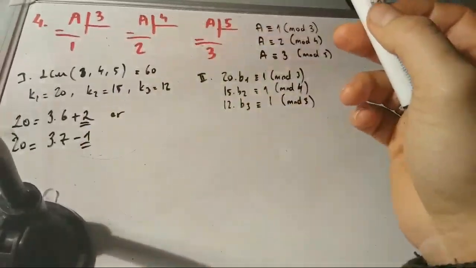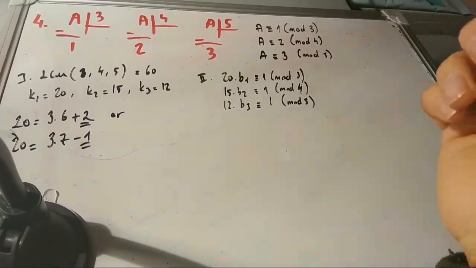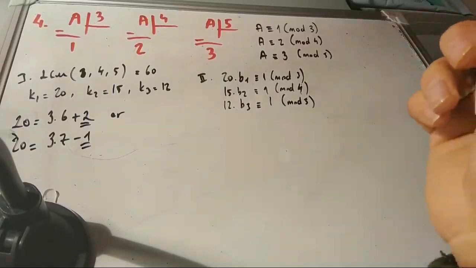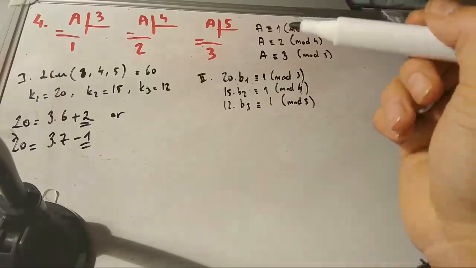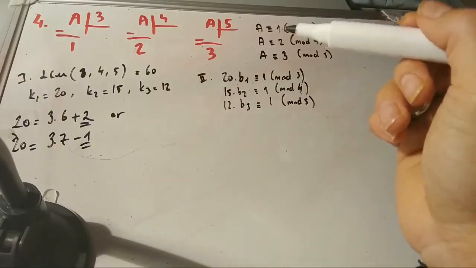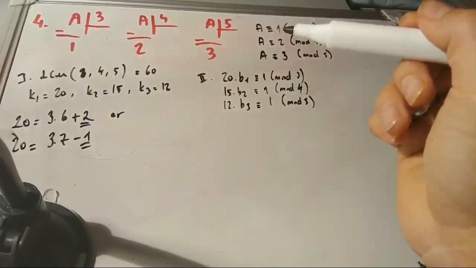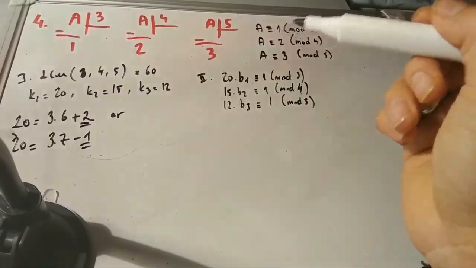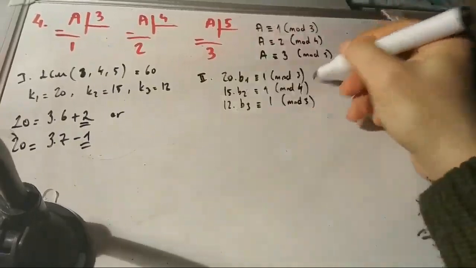So there are actually 2 remainders when 20 is divided by 3: 2 and negative 1. I will take negative 1. Why? Because the main purpose should be to isolate B1. So 20 divided by 3 gives negative 1.